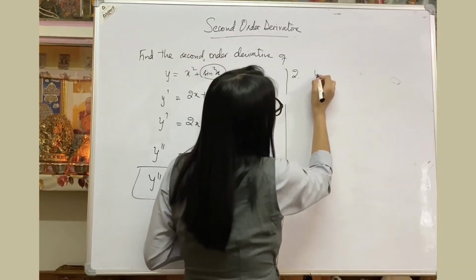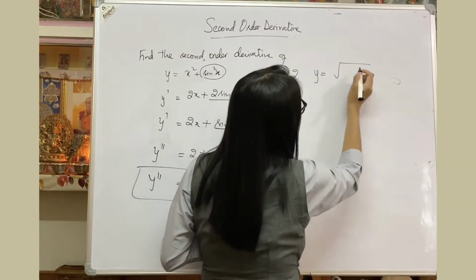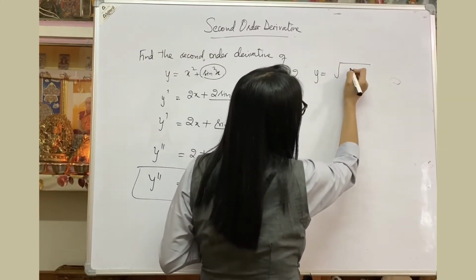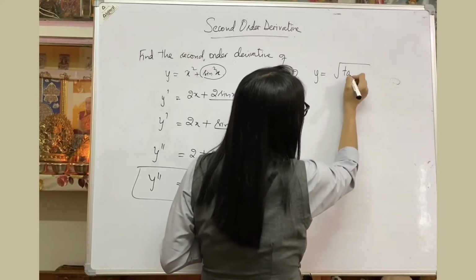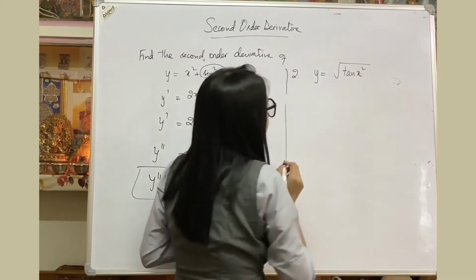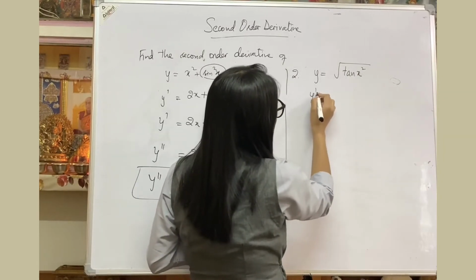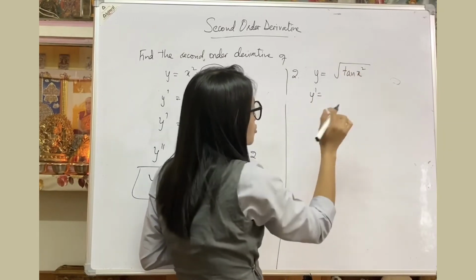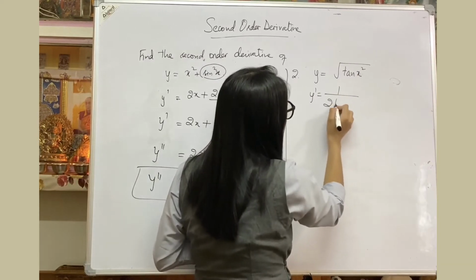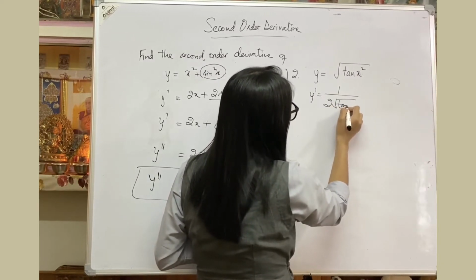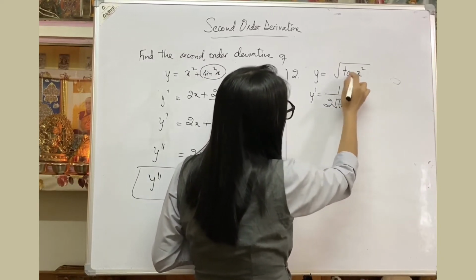Okay, now we'll take y equals square root of, let me take, tan 10x square. So y dash is equal to, as a whole it is a function of root, so that is 1 upon 2 root tan x square, into what is the derivative of tan?